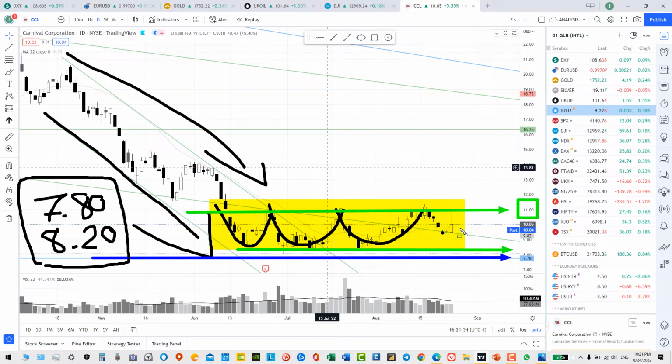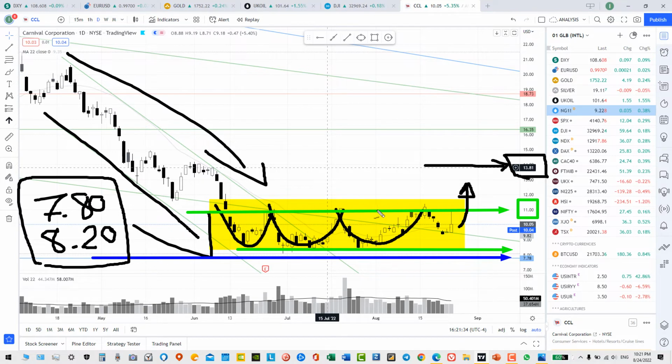If Carnival managed to break through this $11 barrier, I think the first station and the first target should be the $14 area. Why?